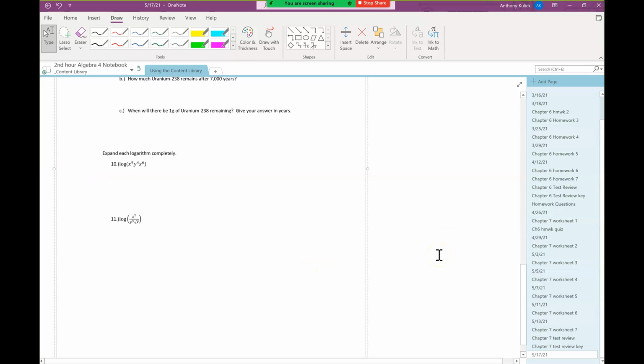So for the expanding problems, the order in which we want to do an expansion is quotient, product, power. So we're looking inside the logarithm to do those properties for an expanding one. So I see no division going on, so there's no quotient. But I do see multiplication going on. In fact, I see 2 multiplication symbols.